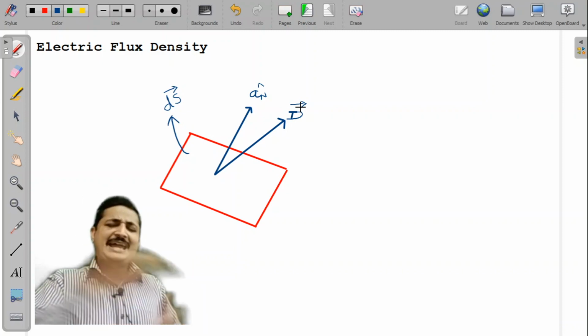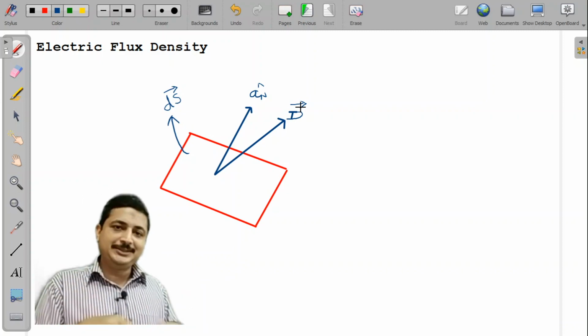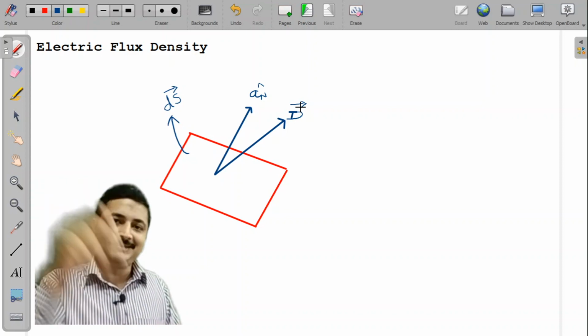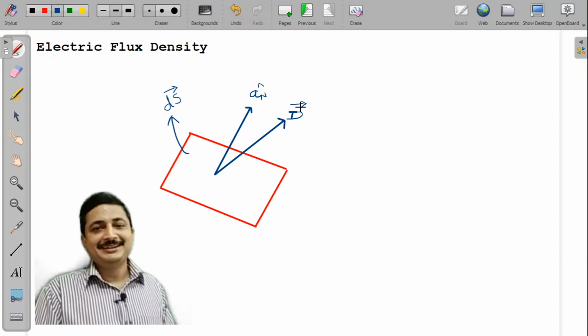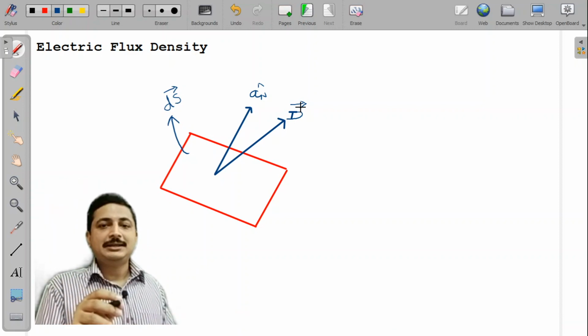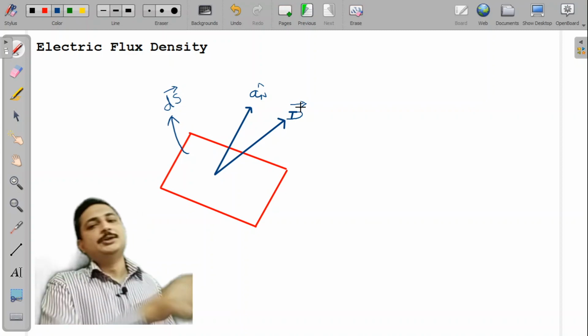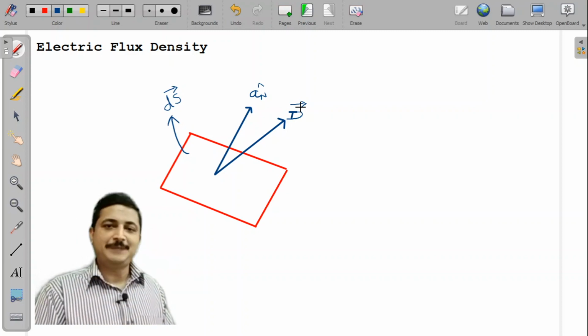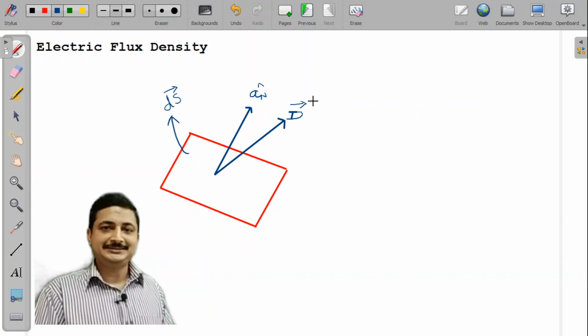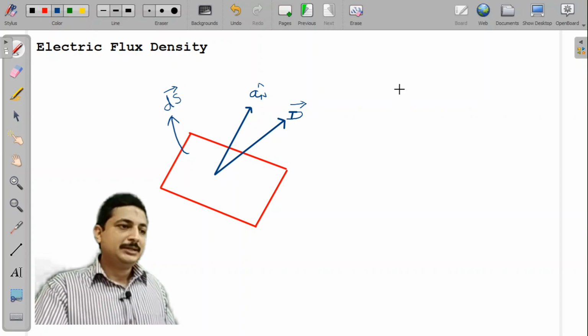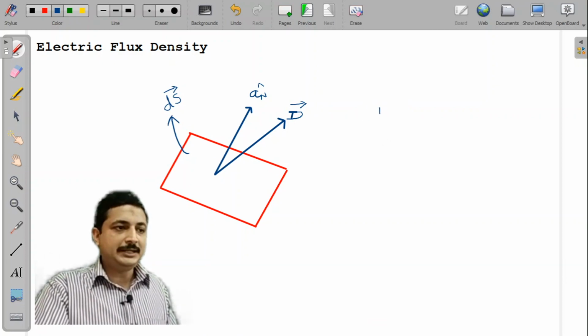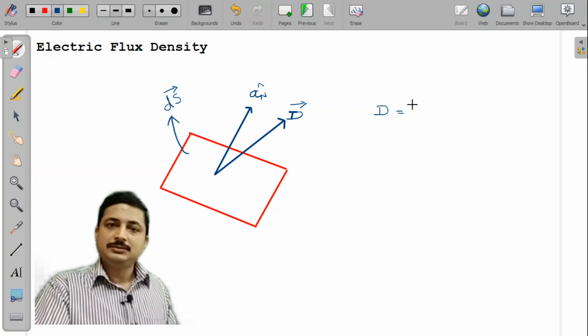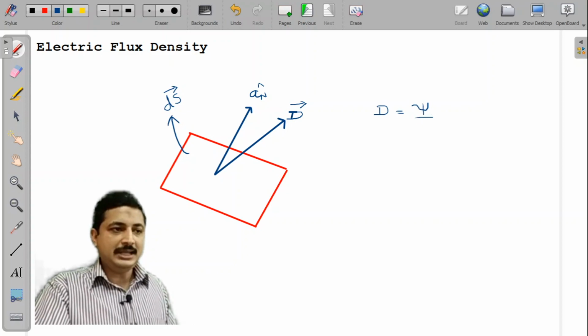So this entire set of flux lines passing through this area is represented now by a single vector, capital D. If you know how to measure capital D, you will get how many flux lines are passing through this area. So from the conventional definition of density, this capital D can be defined as, let me write the general expression, then I will make it a vector: psi divided by area.